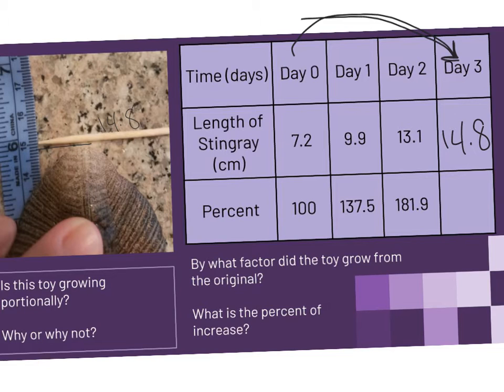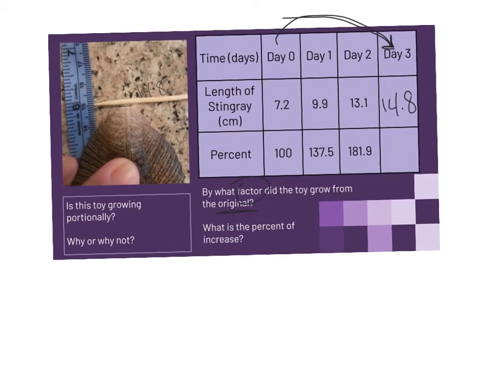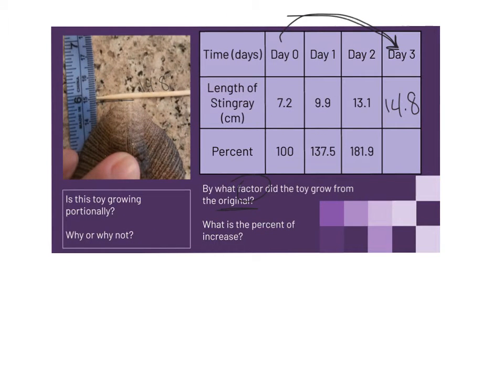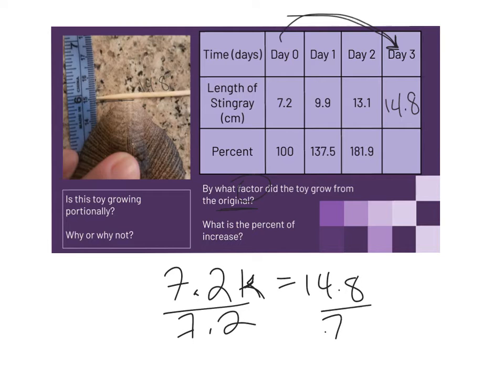It looks to me like he's slowing down a little bit day to day, but we want to know what is the factor that it grew from the original. Let me scooch and I'll write under here. I started with 7.2 centimeters. It grew by some factor, I don't know, so I'm going to use a K. You can use any letter you want, X, Y, whatever variable is fine. So 7.2 times K equals 14.8, so we're going to divide by 7.2.